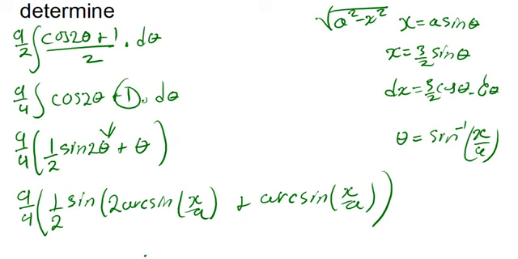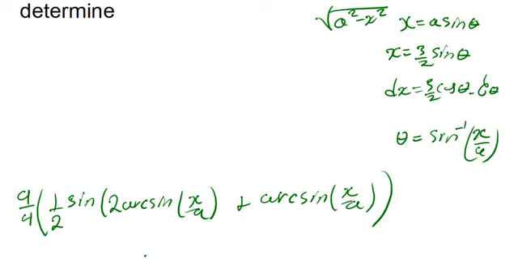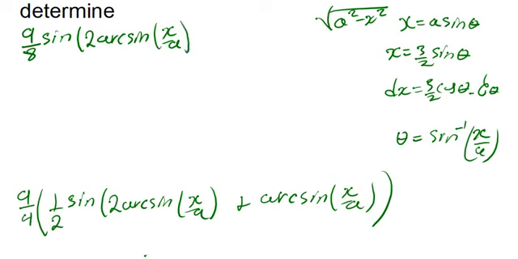If you want, you can distribute the 9 over 4, so this becomes 9 over 8 sine 2 arcsine of x over a, plus 9 over 4 arcsine of x over a.